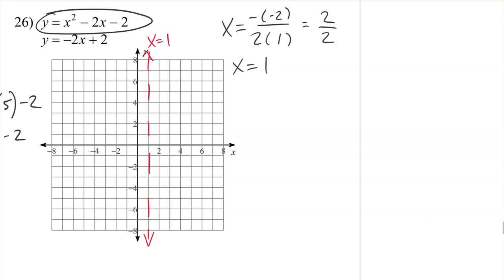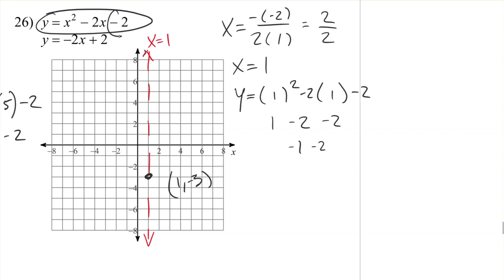Take our equation, y equals x squared minus 2x minus 2, sub in a 1. 1 squared is 1, negative 2 minus 2, 1 minus 2 is negative 1, minus 2 is negative 3. Is our vertex, 1, negative 3.